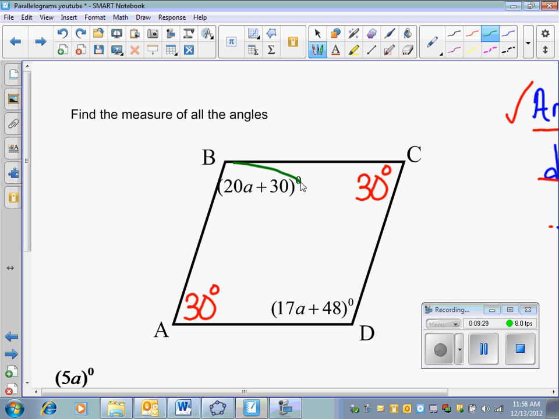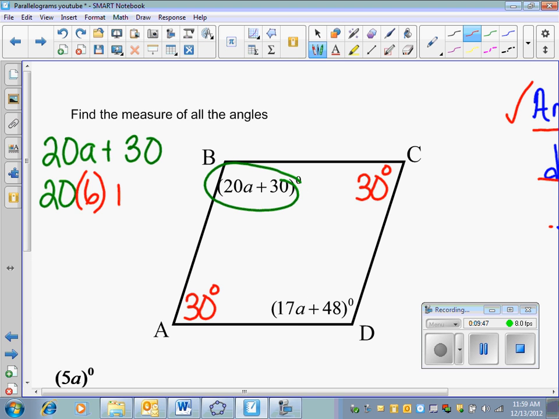So right now, let's look at angle B. It is 28A plus 30. We found out that A was equal to 6, so we're going to do substitution. 20 times 6 plus 30. And if we multiply this out, how much is 20 times 6?